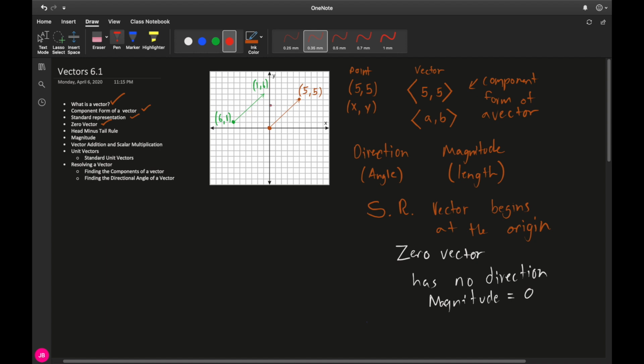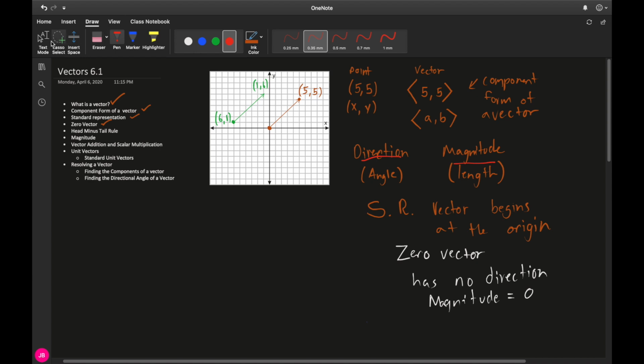And the reason for that is because even though this vector, the green one right here, is not lined up so that it begins at the origin, it technically still has the same direction and it also has the same magnitude.